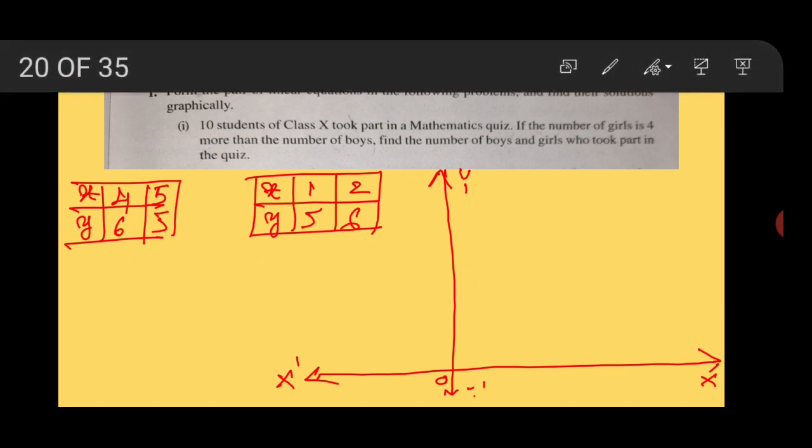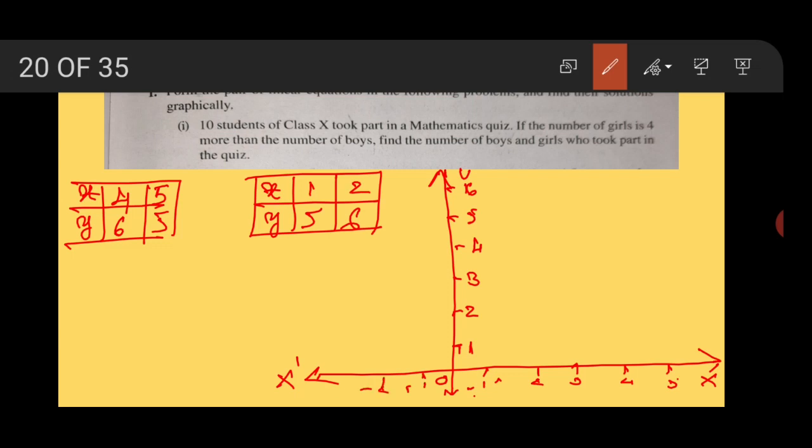Now write down 1, 2, 3, 4, 5. Here the y value maximum is 6: 1, 2, 3, 4, 5 and 6. Again here -1, -2, etc.